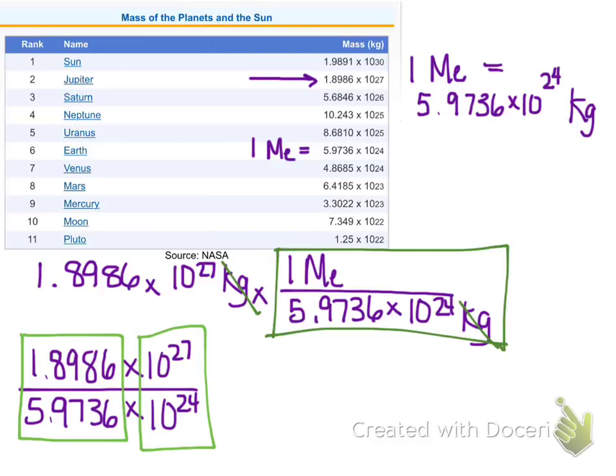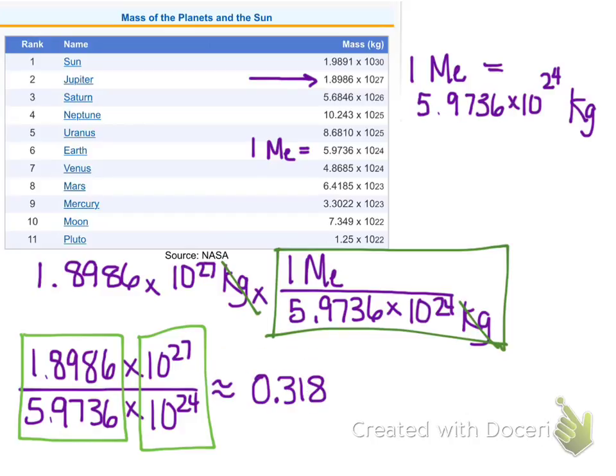So what will that look like? Well, I get 0.318 when I put this into my calculator. Makes sense because this is about 2, this is about 6, so 2 over 6 is 1/3, and that's pretty close to this decimal right here.